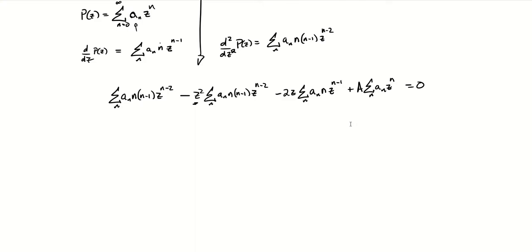If we bring this z squared inside the sum, it's going to get rid of that minus 2 in the exponent. This z is going to get rid of that minus 1.